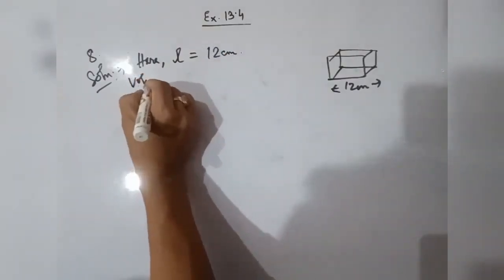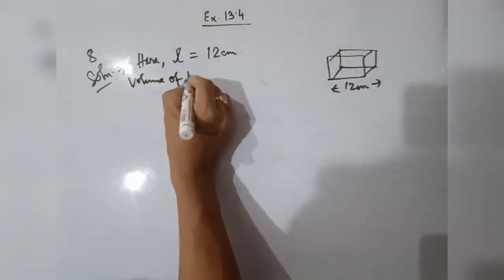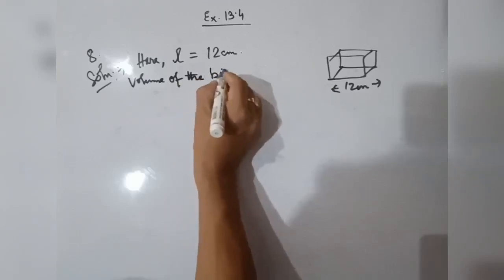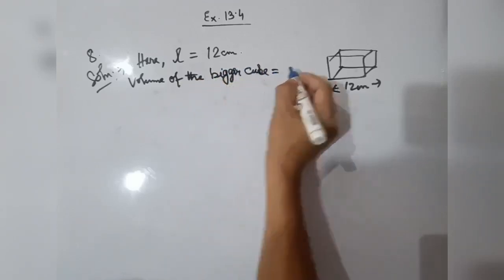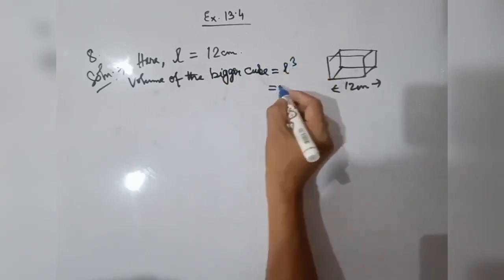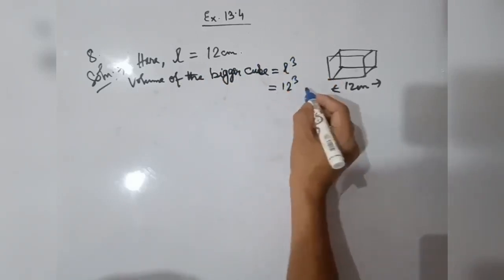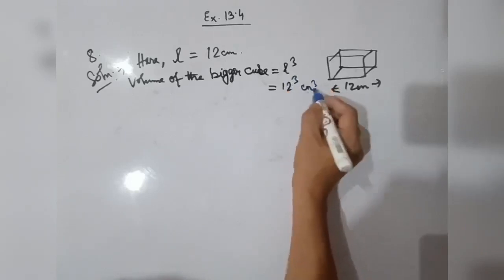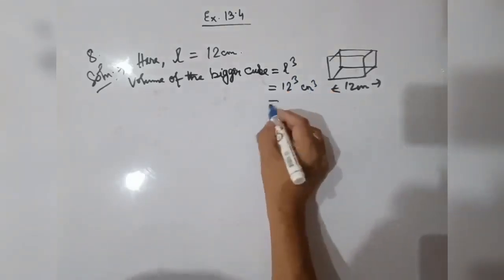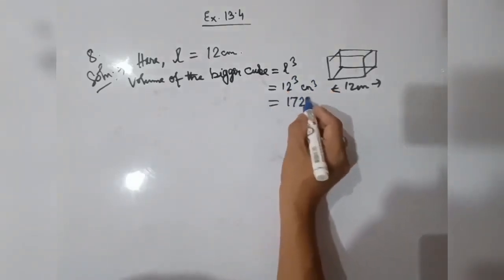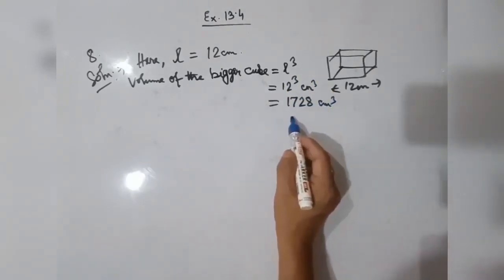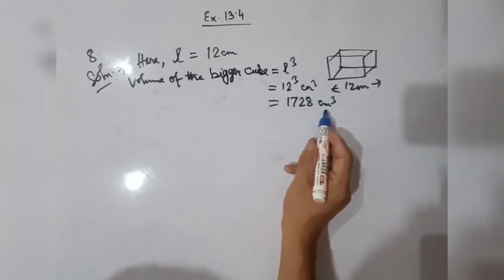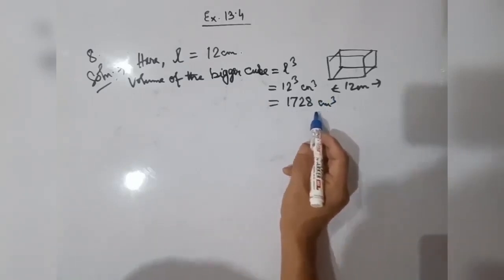So volume of the bigger cube will be equal to L cube, that is 12 cube, and the unit will be centimeter cube. 12 cube is equal to 1728 centimeter cube. So the volume of the bigger cube is 1728 cubic centimeter.